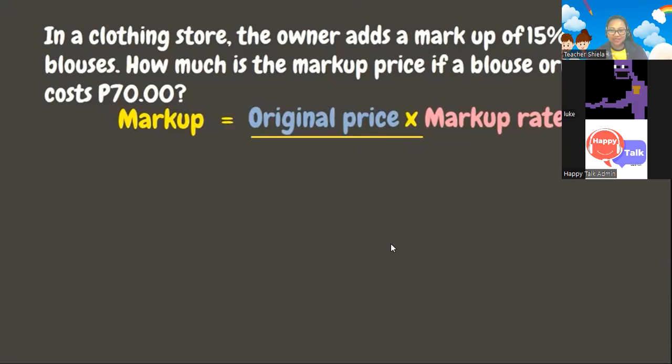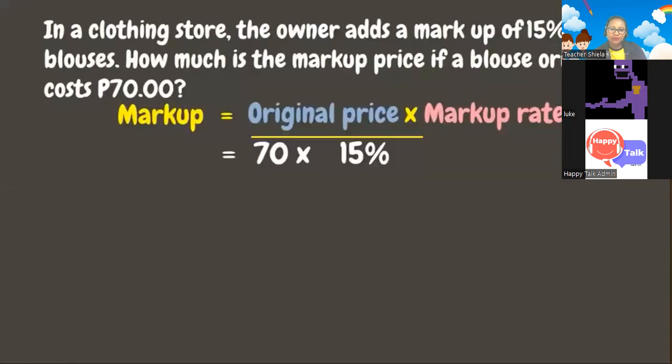Yeah, 70 pesos. So what you have to do to get the markup is multiply the original price, which is 70 pesos, times the markup rate. By the way, what is the markup rate? Oh, sorry. The markup rate is the 15%. So earlier, remember, the markup rate in the meaning of the markup is the percent, right?